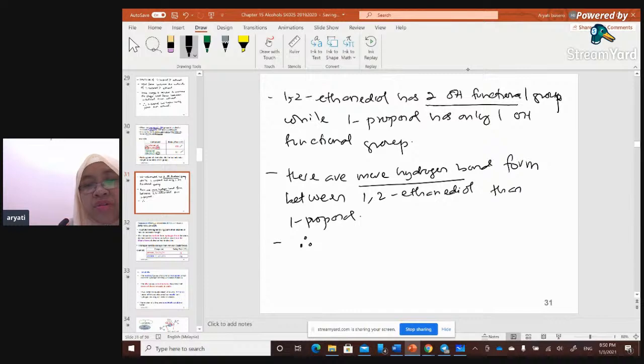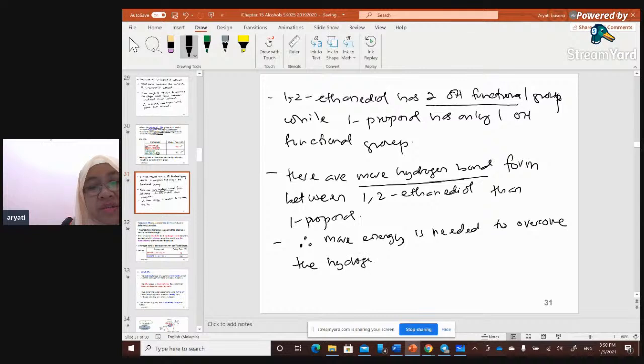Okay, dia ada more hydrogen bond, so therefore more energy is needed to overcome the hydrogen bond between 1,2-ethanediol.